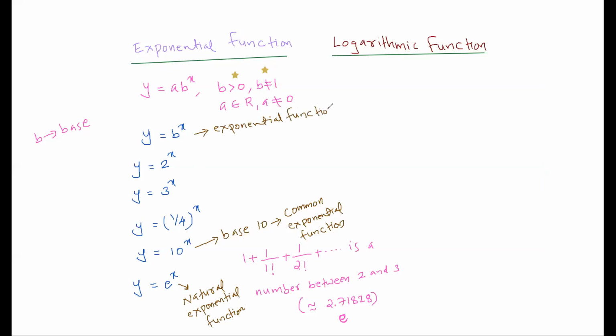Any function of the form b to the power x is known as an exponential function. If the base is 10, it is known as the common exponential function. If the base is e, it is known as the natural exponential function. So e is a number between 2 and 3, and that value is 1 plus 1 by 1 factorial plus 1 by 2 factorial plus, etc.